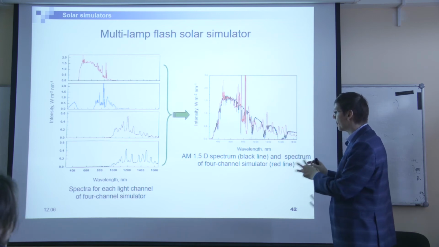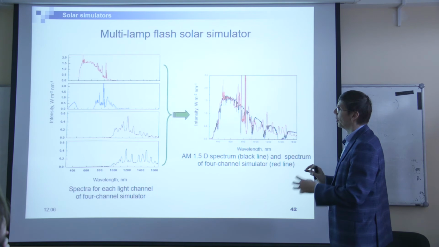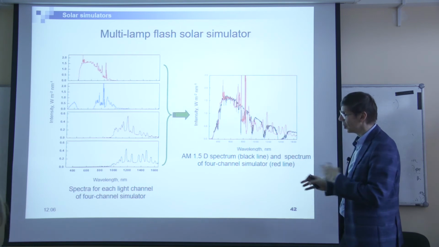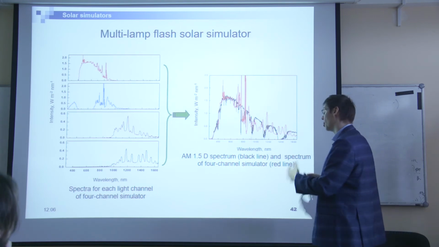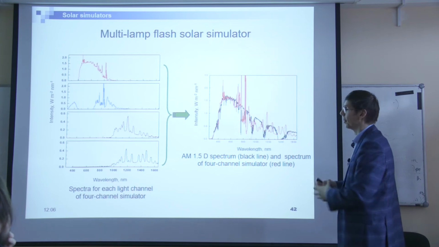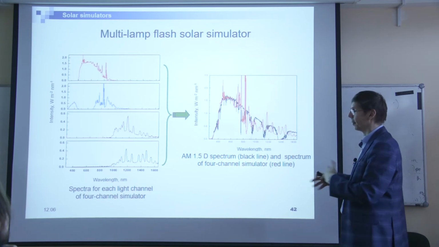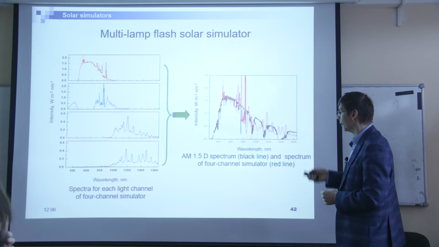You can adjust the spectrum a little bit to get the correct measurement for multi-junction solar cells for different reference cells. It's the next topic.